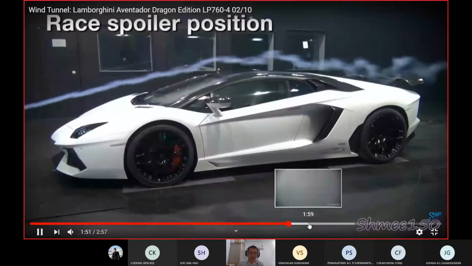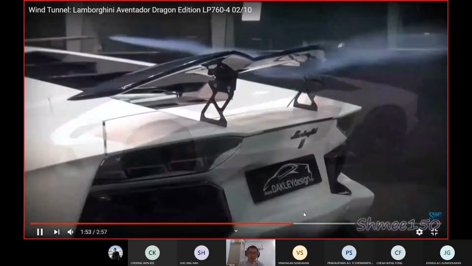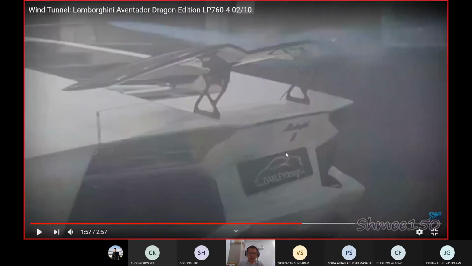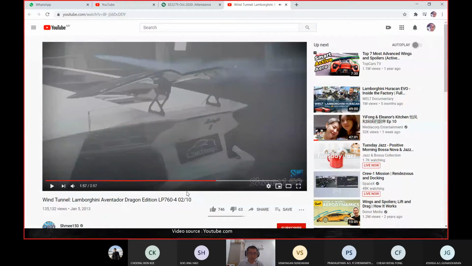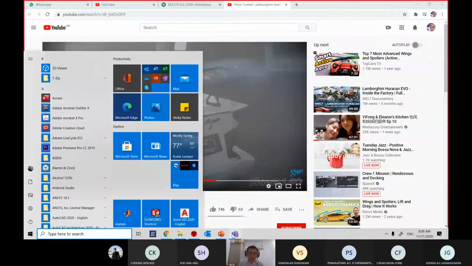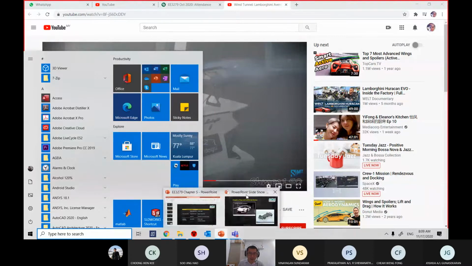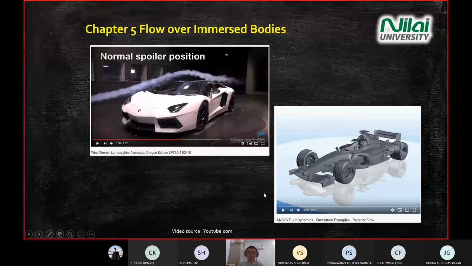This is a full-scale wind tunnel. In our country, Proton's workshop has a full-scale wind tunnel.